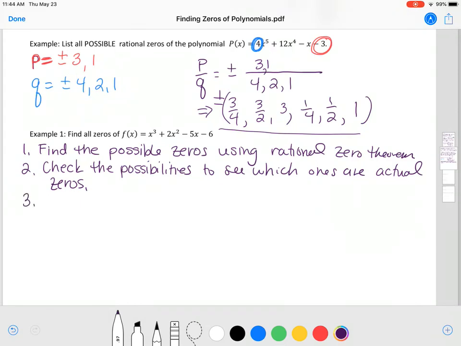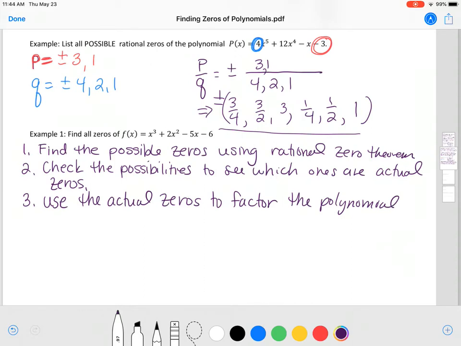Then once you find the actual zeros, you're going to use the actual zeros to factor the polynomial as much as possible.